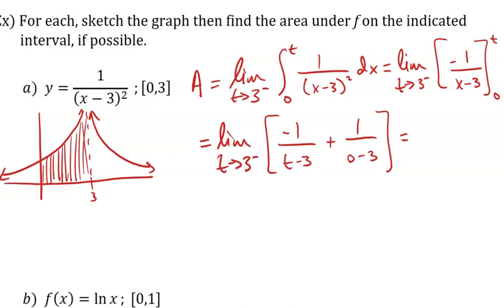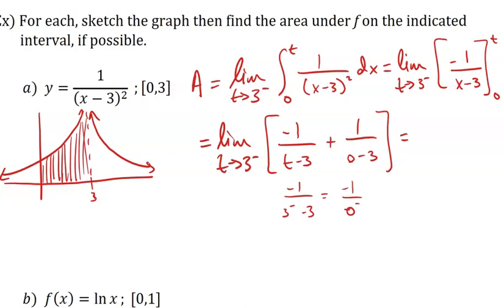This one right here is where we have an issue, though. If we plug 3 as we approach from the left into this, we are going to approach an infinity. Specifically, this is negative 1 over, if I do 3 from the left, minus 3, that becomes negative 1 over something slightly less than 3, minus 3, which is something slightly less than 0, so we could write that as 0 minus.